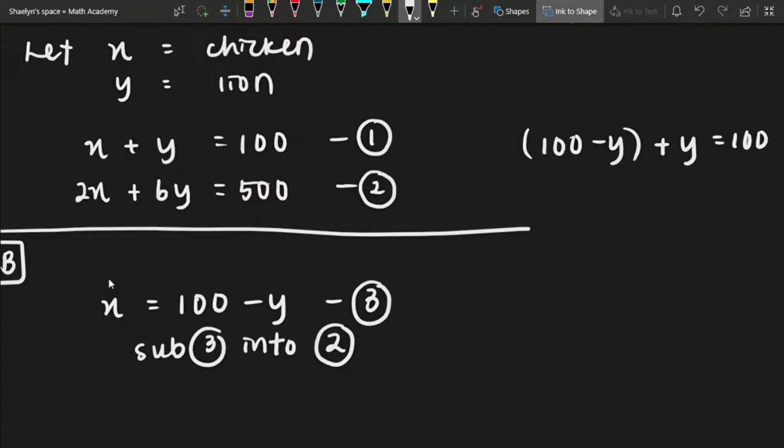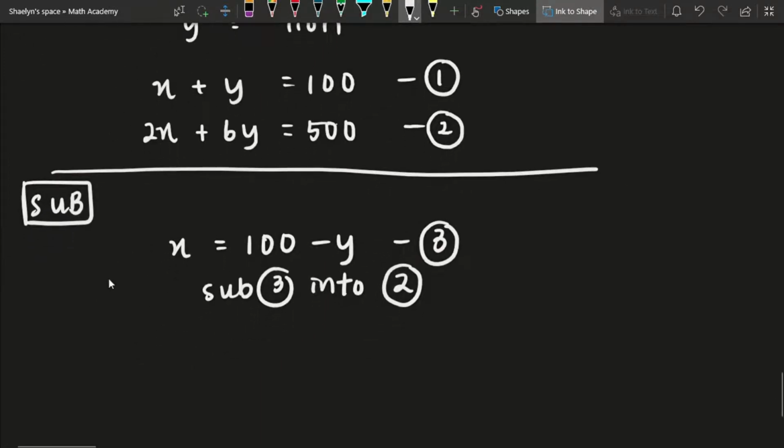What you got eventually is 100 minus y plus y equals to 100. And negative y plus y is actually 0. So 0 equals to 0. You don't have to do this because you get nothing from this equation. You cannot find y, you also cannot find x. So you don't sub the same equation back into its own equation. You sub it into another equation, okay?